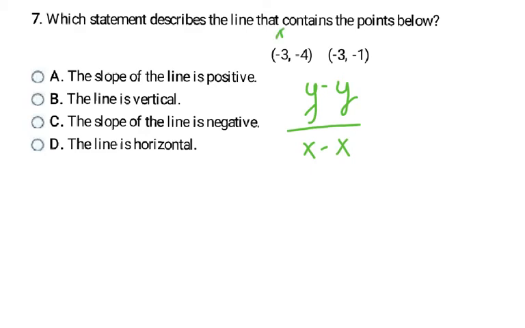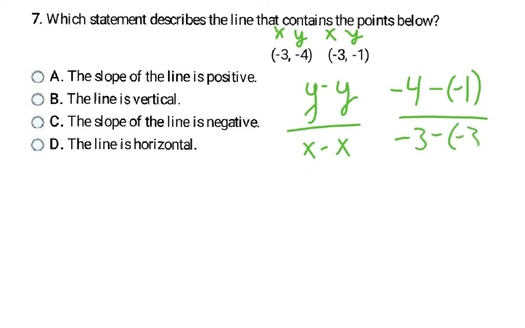I can even go ahead and label my points here, x y, x y. When I subtract my y's, it's going to be negative 1/4 minus a negative 1 over negative 3 minus a negative 3. When I do that subtraction, I end up with a negative 3 on the top and a 0 on the bottom.